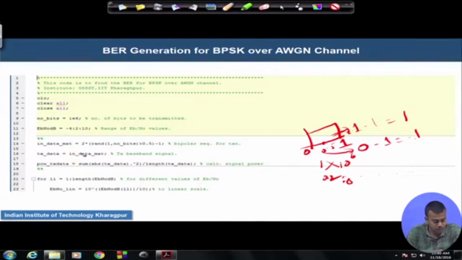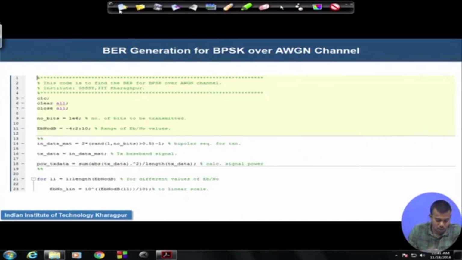Next, for this generated bipolar transmitted sequence I am calculating the power. This transmitted data will be a sequence of plus 1s and minus 1s. So I am taking the absolute value of that sequence.